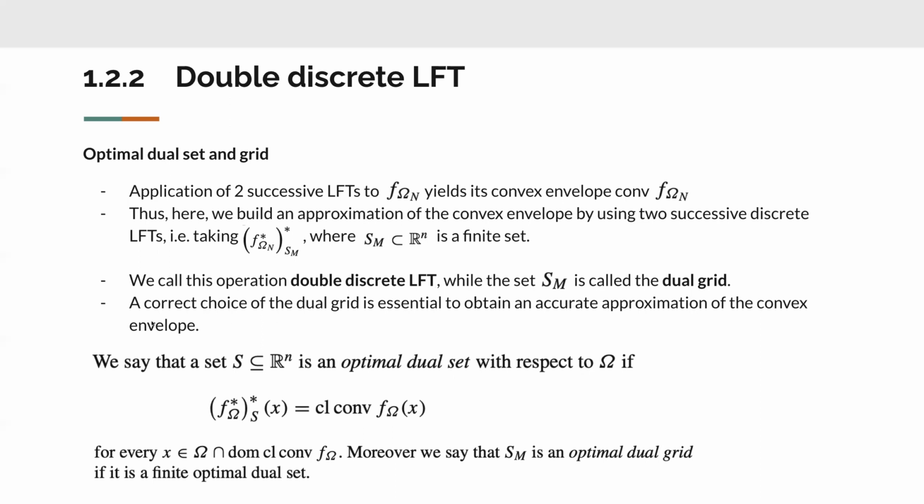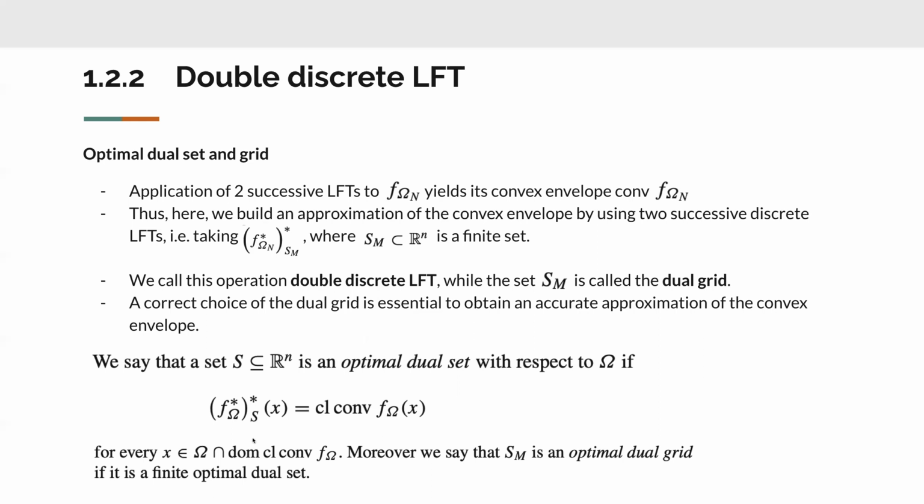As mentioned, a correct choice of the dual grid is very essential in order to obtain an accurate approximation of the convex envelope, because at the end of the day we are trying to approximate the convex envelope, and choosing the correct dual grid makes a lot of difference. So we can say a set S is the optimal dual set with respect to omega if it satisfies this.